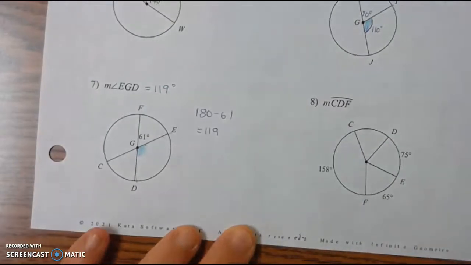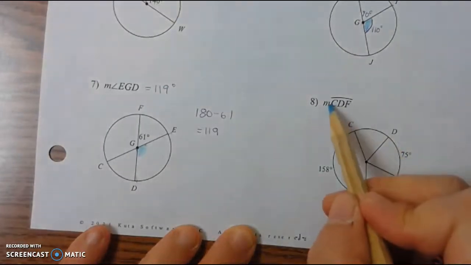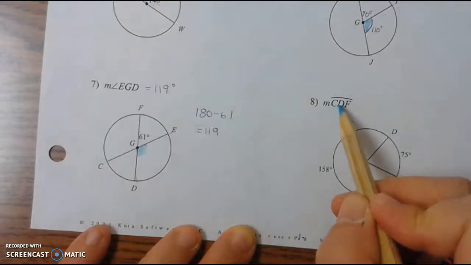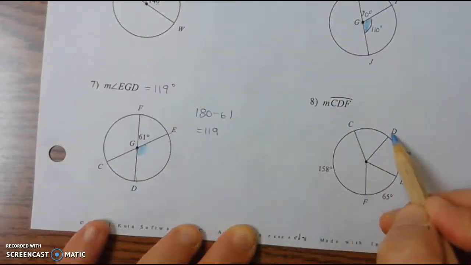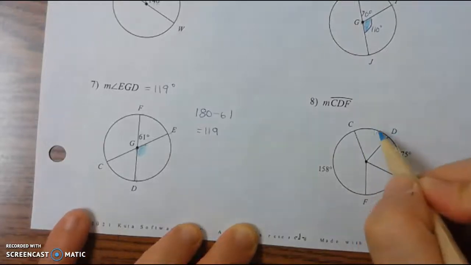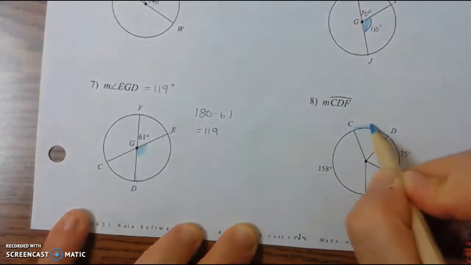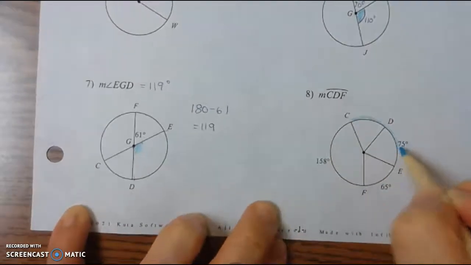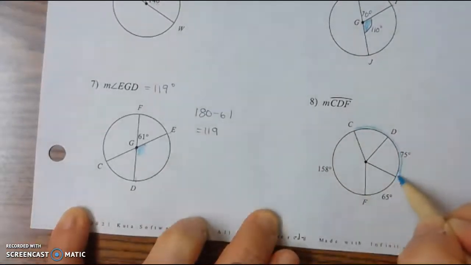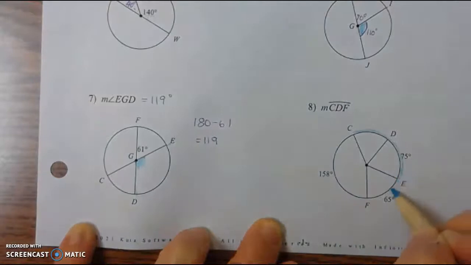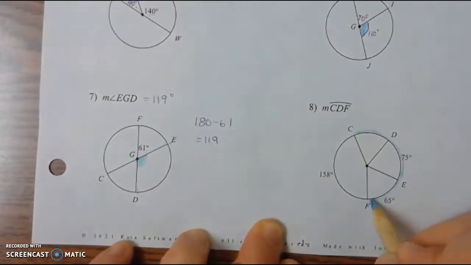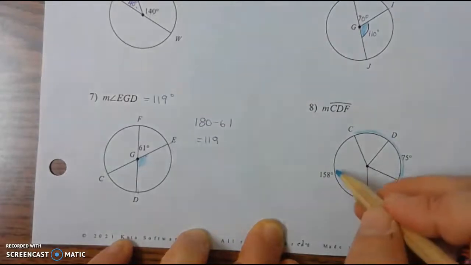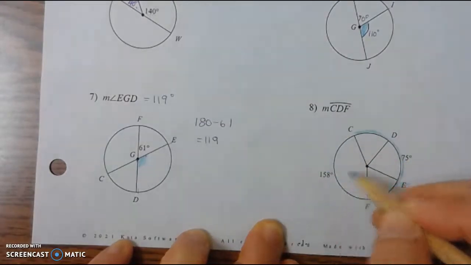Now this time we need to find the measure of arc CDF. Where is CDF? Okay, so we're looking for this arc measure in degrees. What do we know about this arc measure? Well, we know this is 158 degrees.